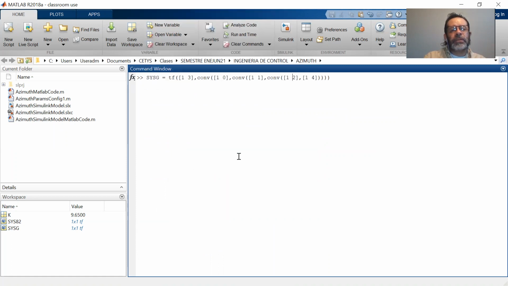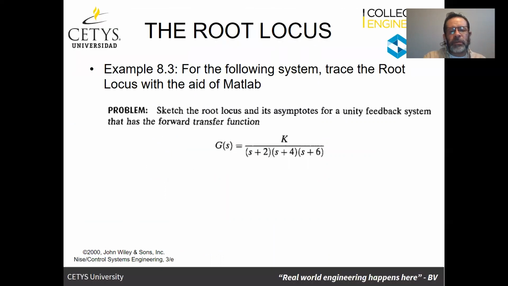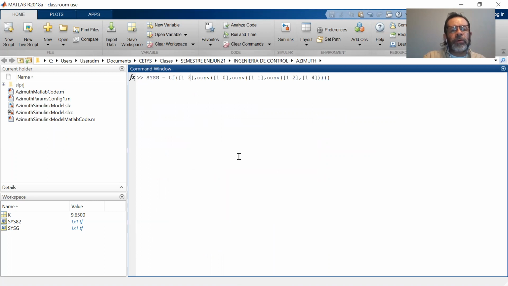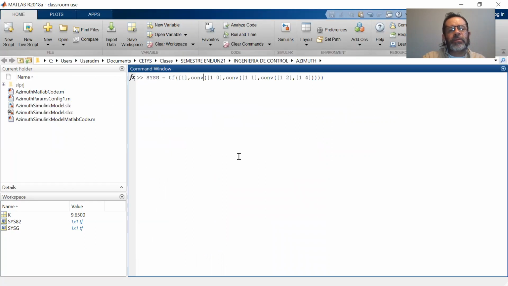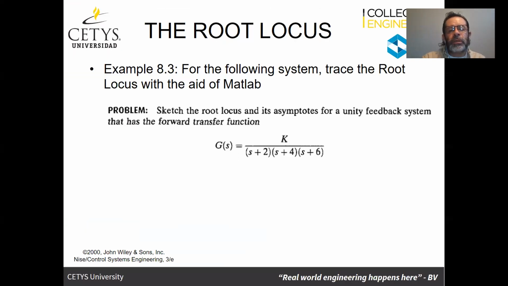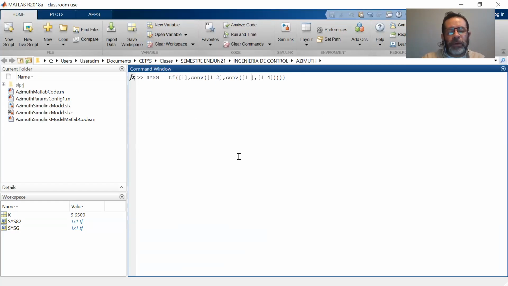I'm just going to copy paste this. The transfer function is going to be, we don't have anything in the numerator, 1. And in the denominator, we have s plus 2, s plus 4, and s plus 6. So we're going to have the convolution of [1 2] multiplied by [1 4] and [1 6].